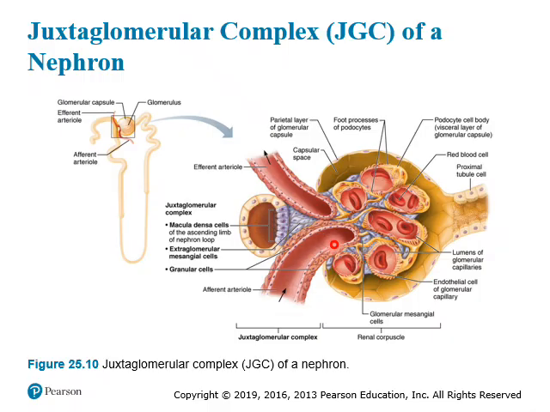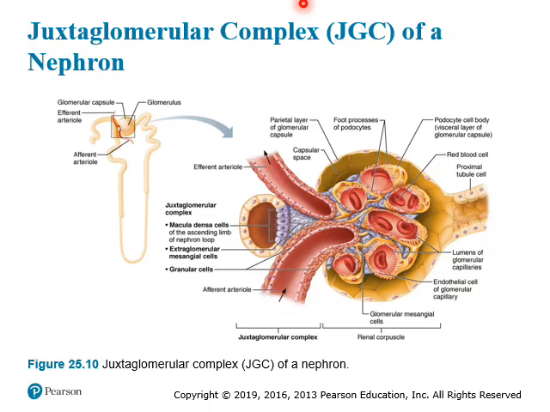They could sense the pressure of the incoming blood that goes right through the afferent arteriole. So they sense the blood pressure. And then they also contain secretory granules that release the enzyme renin, when needed.